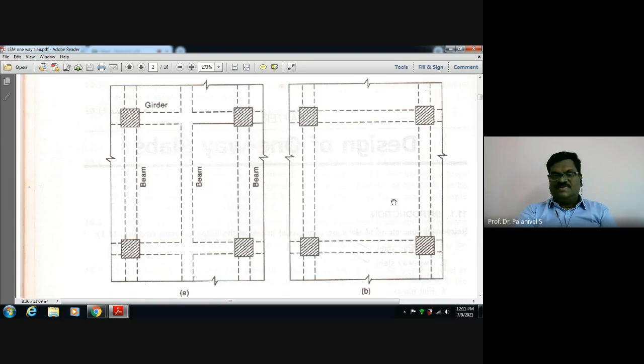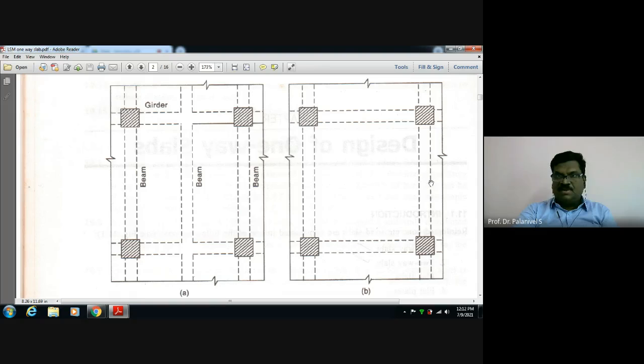So in a two-way slab, the bending action will be predominant in both directions. In the short span direction, the slab tends to bend predominantly. Comparatively, slightly less action will be there in the long direction. In this direction also it tends to bend predominantly. In both directions, the bending action is considerable. That is why you have to provide main reinforcement first along the shorter span direction.